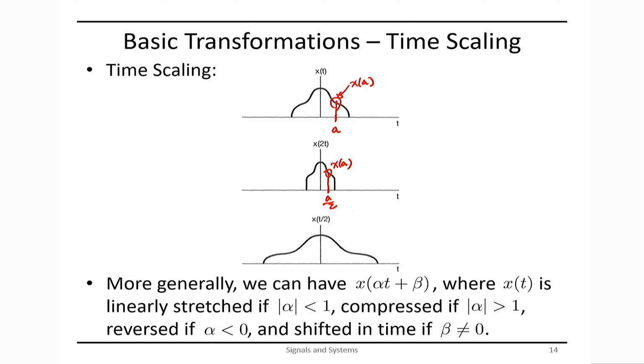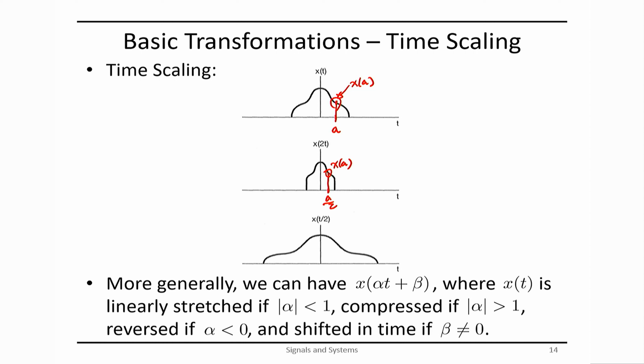By multiplying the independent variable by 2, you're squeezing or compressing the signal by 2 times. So it's like everything is occurring faster than in the original signal.